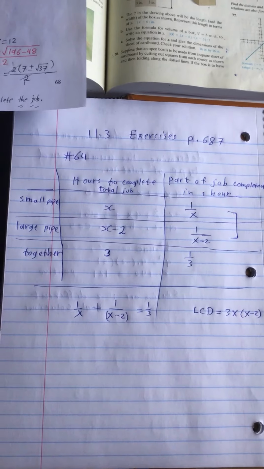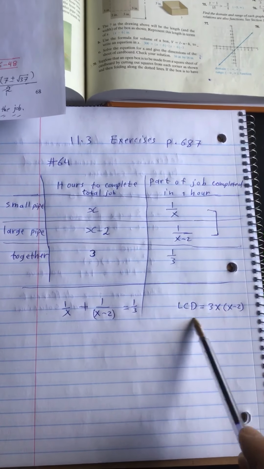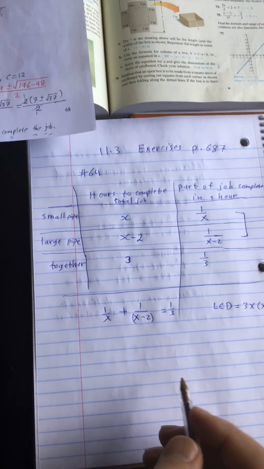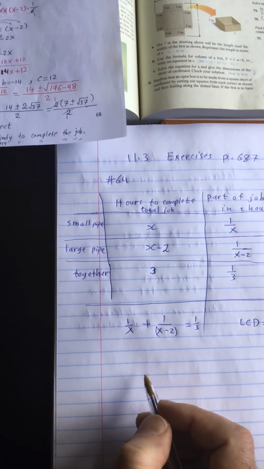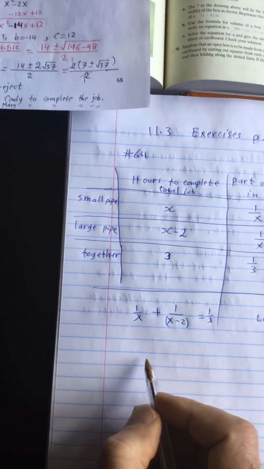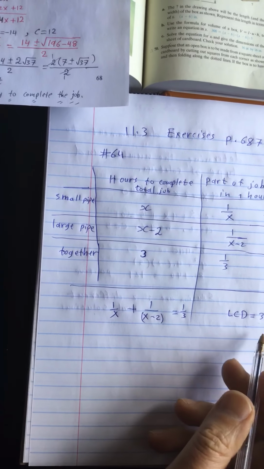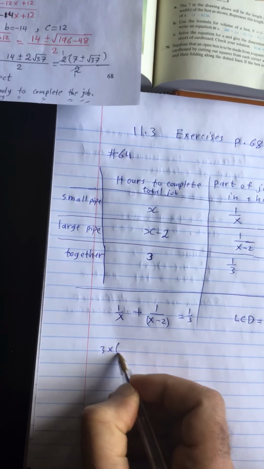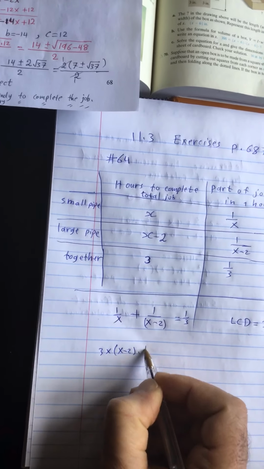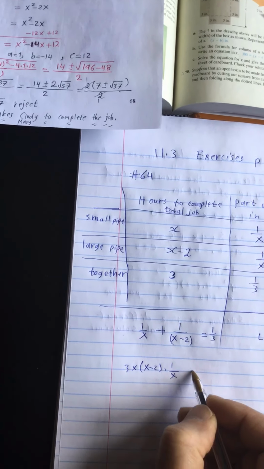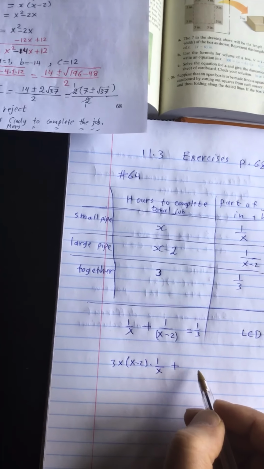So now multiply each term by the least common denominator. We get 3x times x minus 2 times 1 over x. We multiply the first fraction by the least common denominator, and the second one similarly.